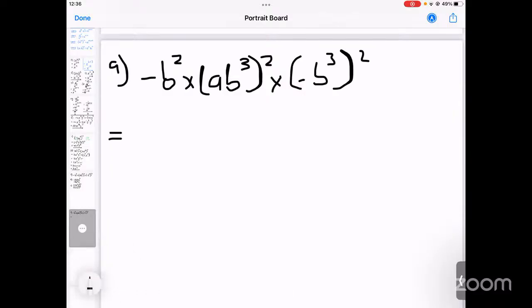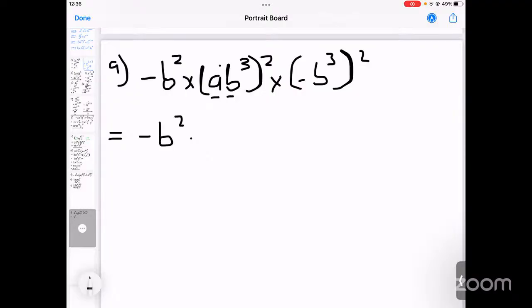So let's check. We said we start where there are brackets, isn't it? So that means we have negative b squared times. So the law says you have how many bases inside the brackets? 2 different bases. Do you agree? Yes, sir.